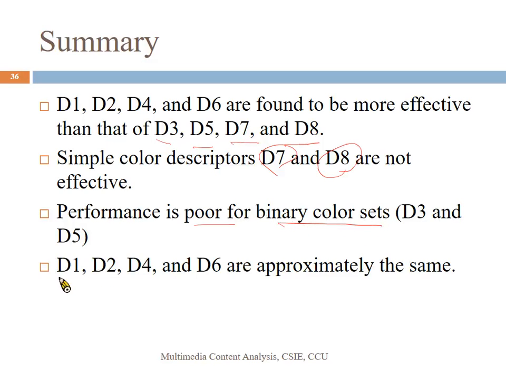D1, D2, D4, D6 are approximately the same. We also see that simple color features may not be good enough for a very accurate CBIR system. Therefore, we will introduce more visual features in the future.